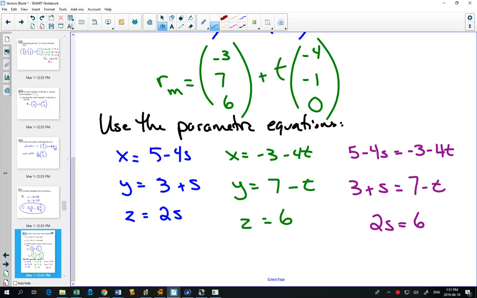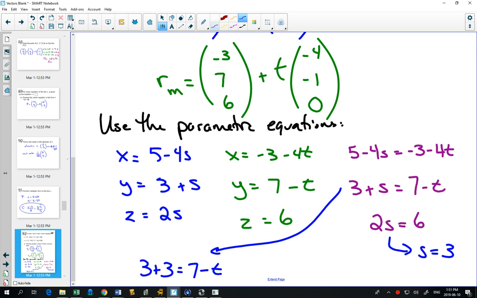Can you see that one of the things is really easy to solve for? 2s equals 6. What's s? s has to be 3. And if we know that s is 3, we could use either equation. Let's say I take the second equation, and then I say 3 plus 3 equals 7 minus t.